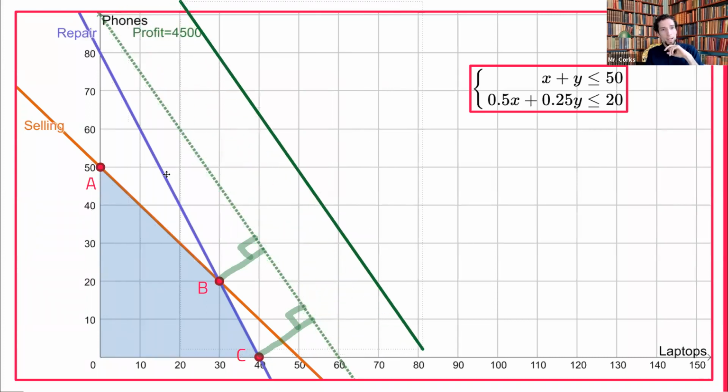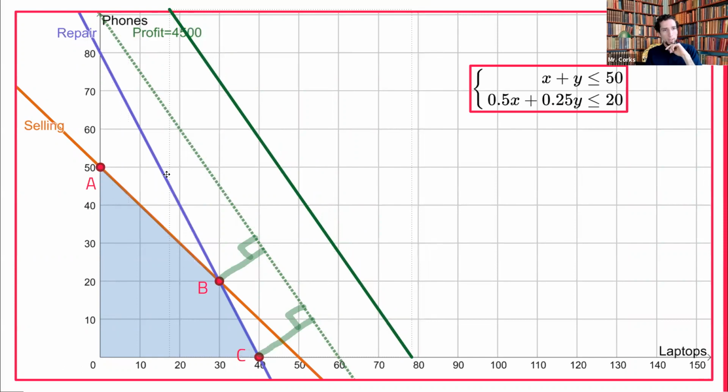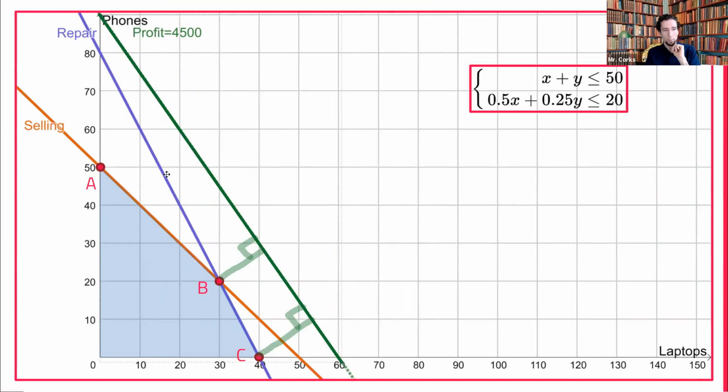The isoprofit lines are parallel, so the closest point is always the same. It doesn't matter where this line goes. The closest point will always be the closest point, no matter what our constant is. Again, because they're all parallel to each other.